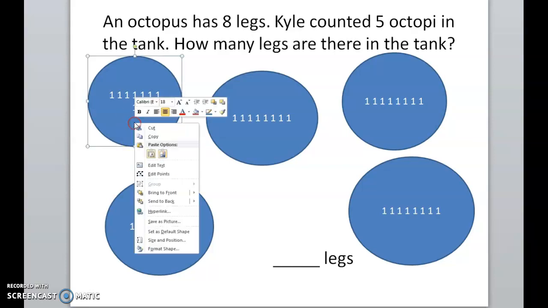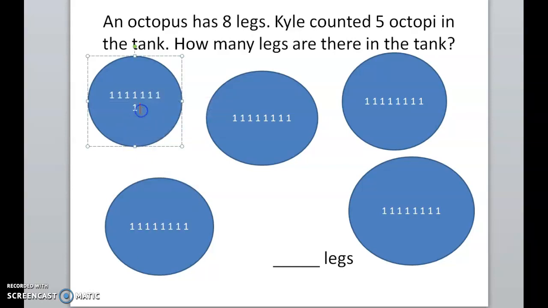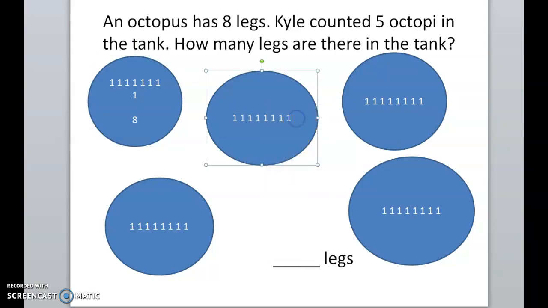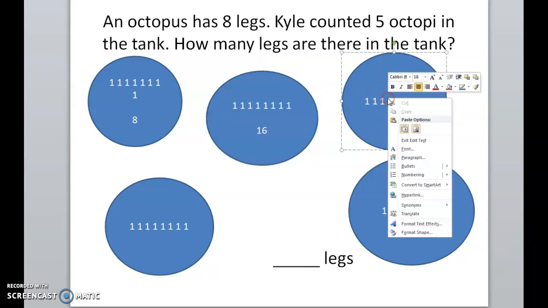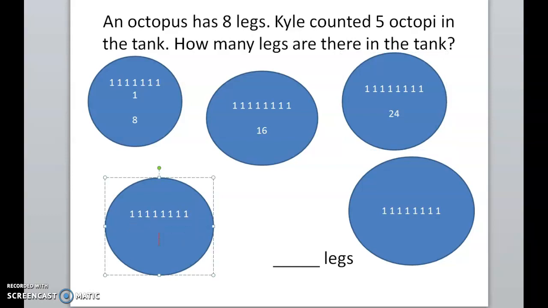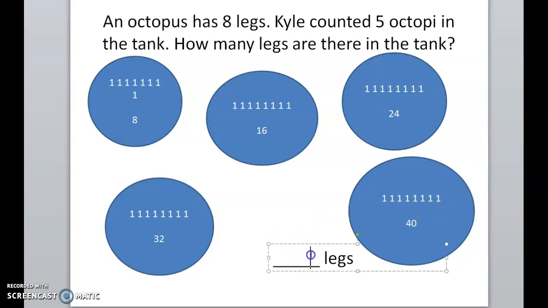So if I know this is 8, I can put 8 here. 8 plus 8 is 16. 16 plus 8 is 24. 24 plus 8 is 32. And then 32 plus 8 is 40. So that means we have 40 legs in the tank.